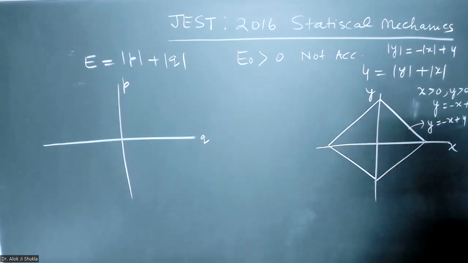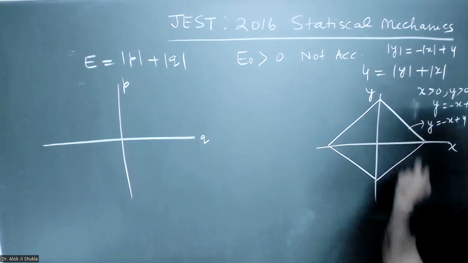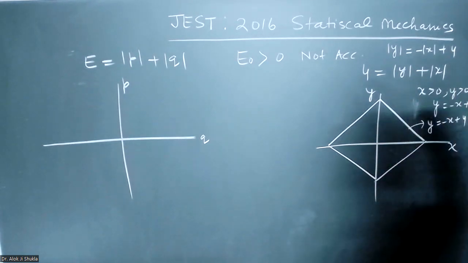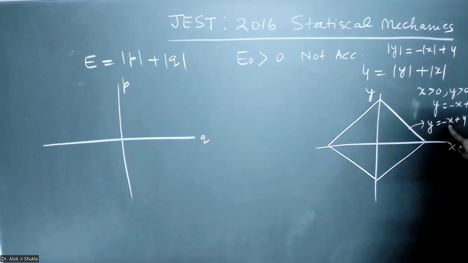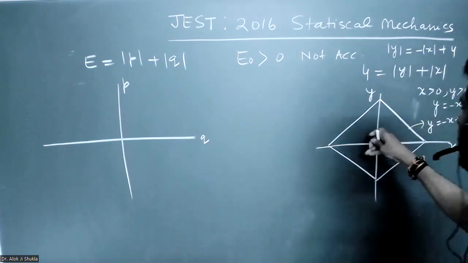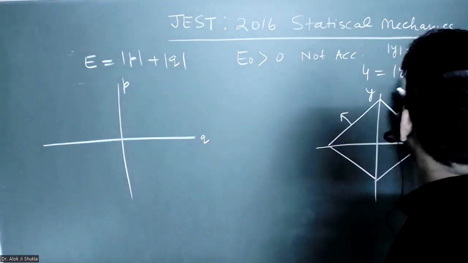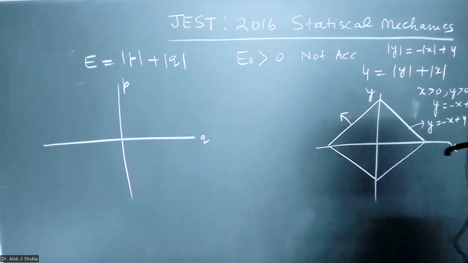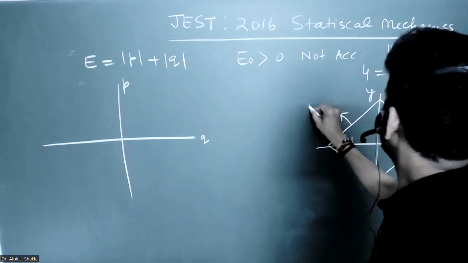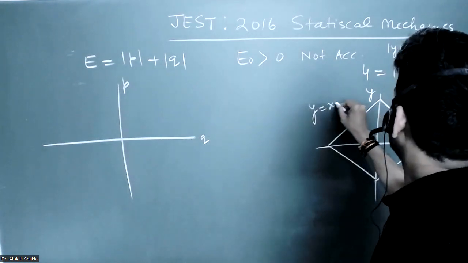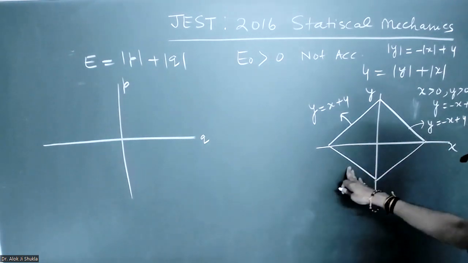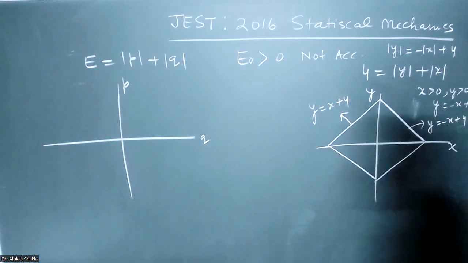Depending on which quadrant you are in, if x and y are both positive, it becomes y equal to minus x plus 4. Here, because y is positive but x is negative, you get y equal to x plus 4. That's why the curve is like this. Similarly, you can write the equation here and here.